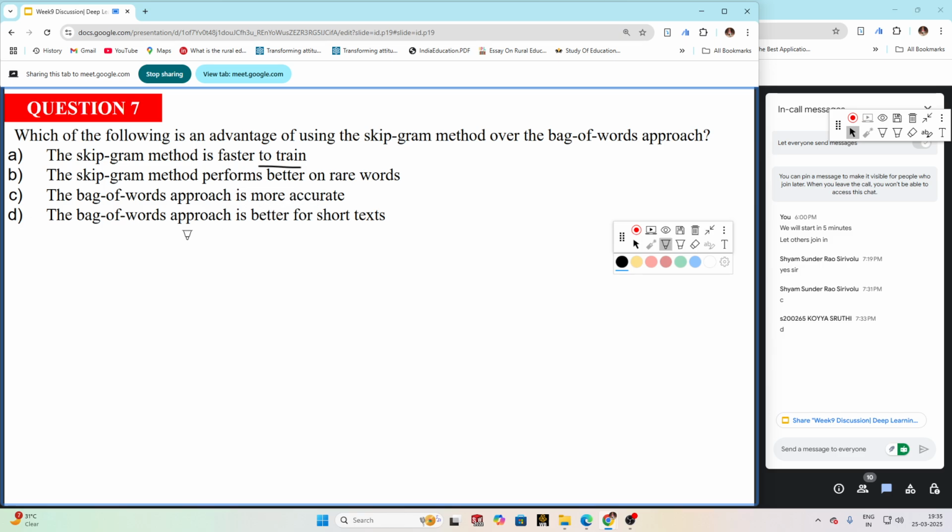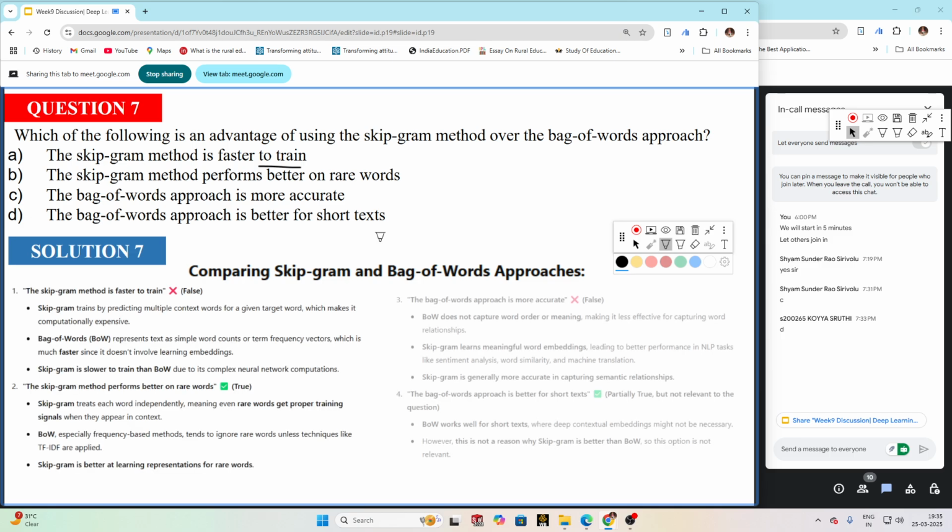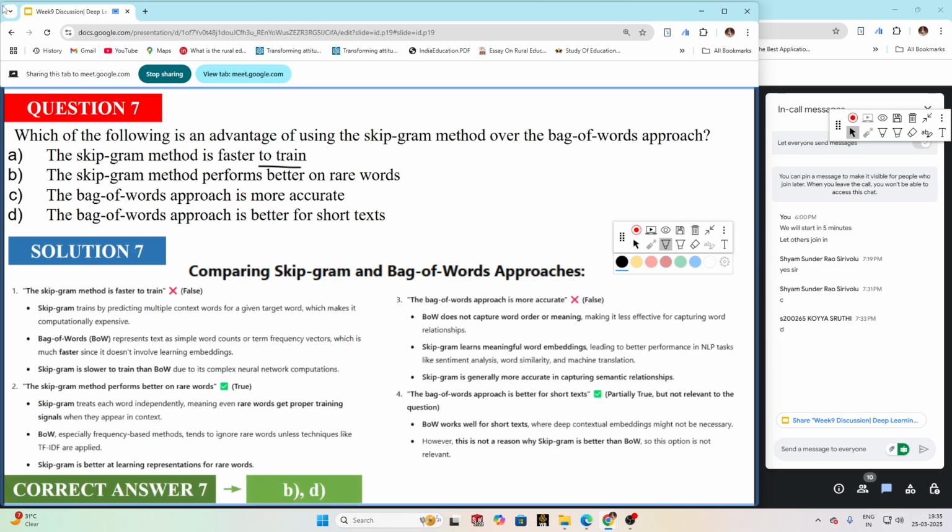Option D, the bag of word approach is better for short text. Any guesses for this? Okay, so no guesses.